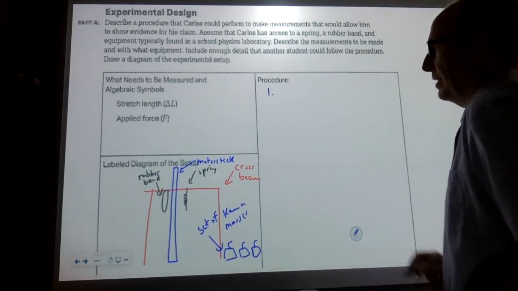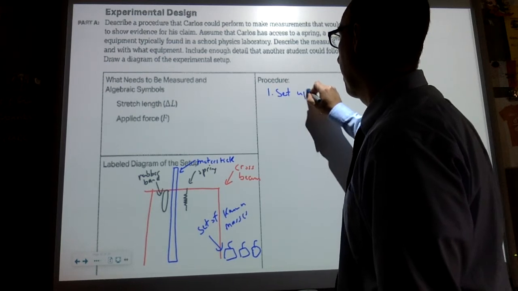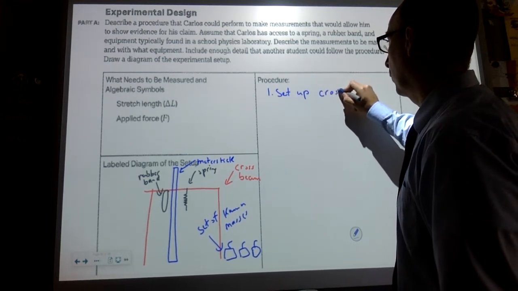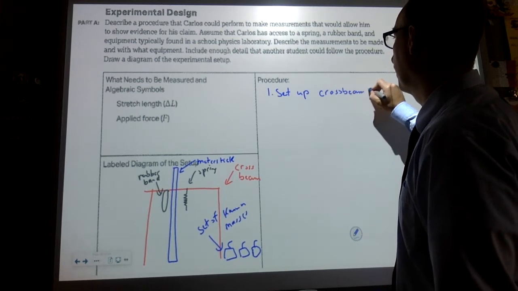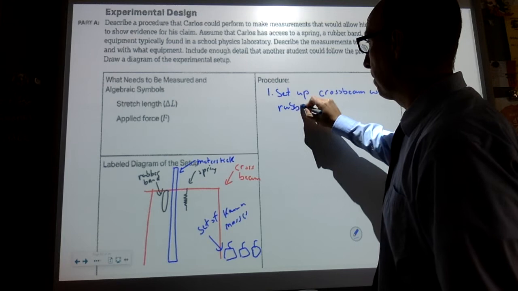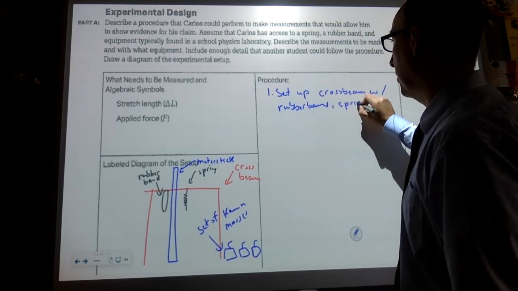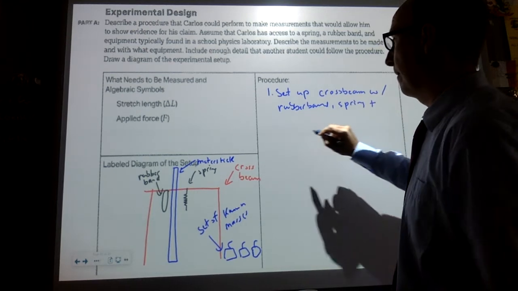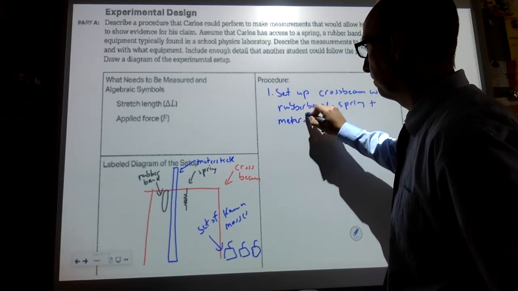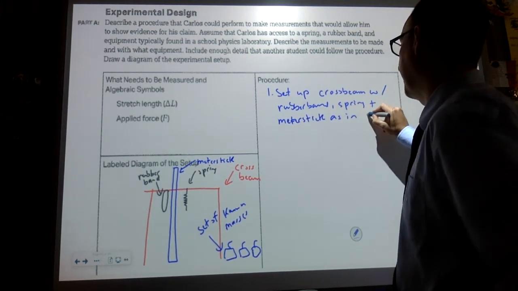So the first thing is I'm going to set up the crossbeam with rubber band, spring, and meter stick, as in diagram.